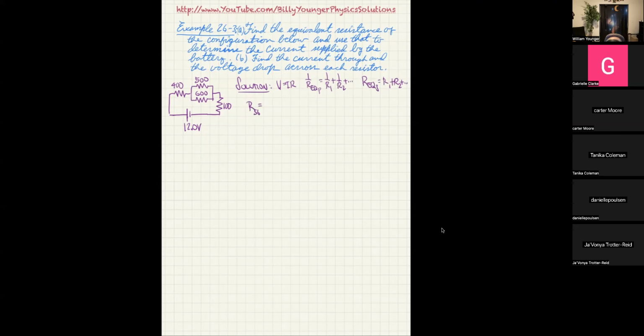Notice again, I did leave the units off. I didn't really have to put them on there because they're next to a resistor drawing, so clearly it's resistance. With this one, it's going to be 1 over 500 plus 1 over 600. As you can probably tell, neither 500 nor 600 is the least common denominator, but in fact, 3000 is, because if you multiply 600 times, yeah, I think this would be 3000.